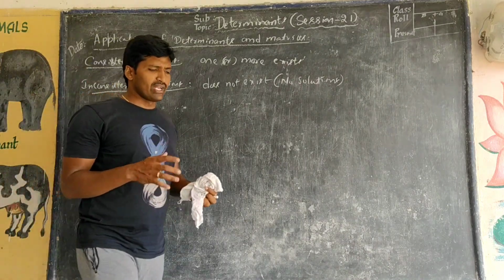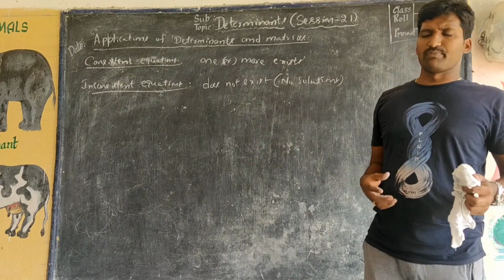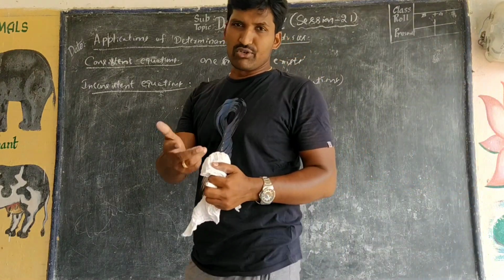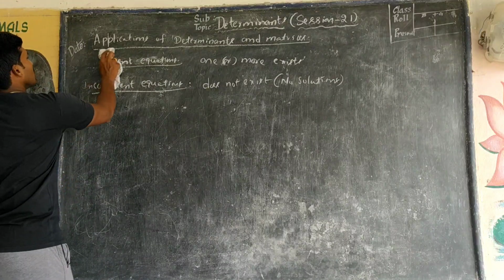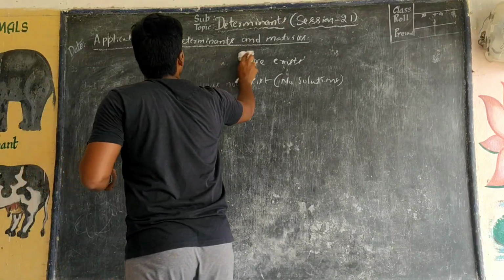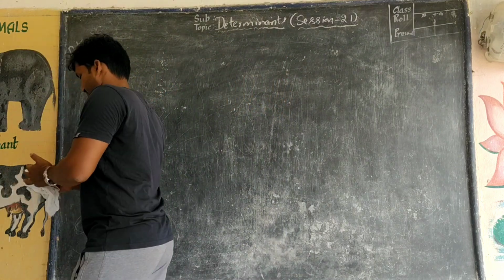Now, how to find it? In second PUC, the problems we discuss mostly involve finding a unique solution. Now, how do we find a solution for a system of linear equations by using the matrix method?